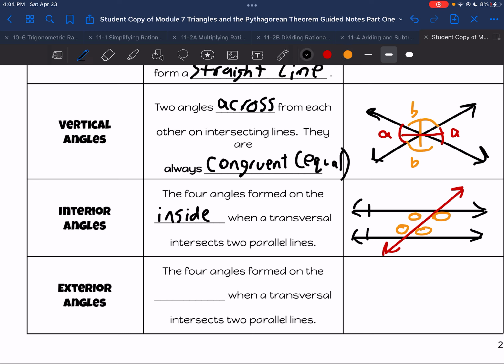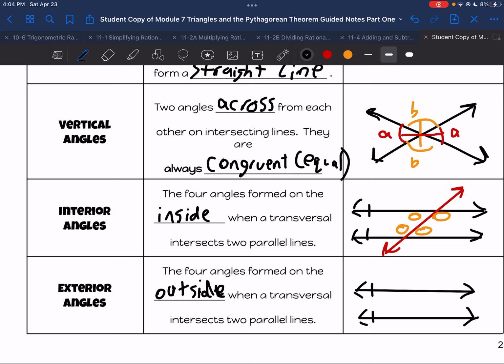Exterior angles are going to be the 4 angles formed on the outside. They're on the outside when a transversal intersects. So we draw our parallel lines again. Okay, arrows on the ends.